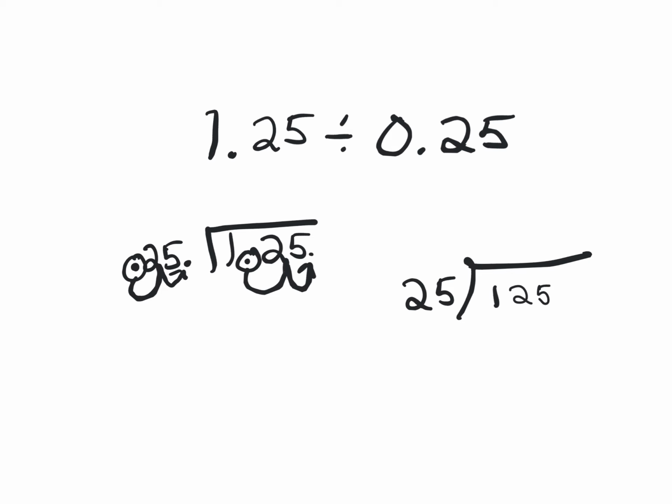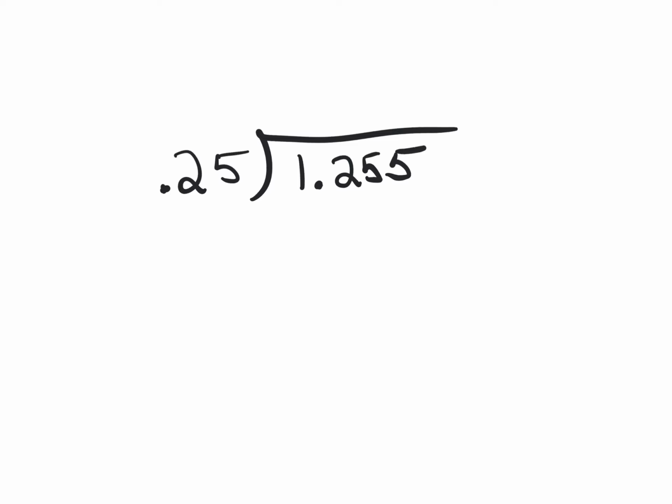Well, if we look at another one here, let's do that same example, but this time let's make our dividend, instead of 1.25, 1.255. Now what happens? Well, we still have to make the divisor a whole number by going once and twice. And does the inside go twice? Yes, because the outside went twice.